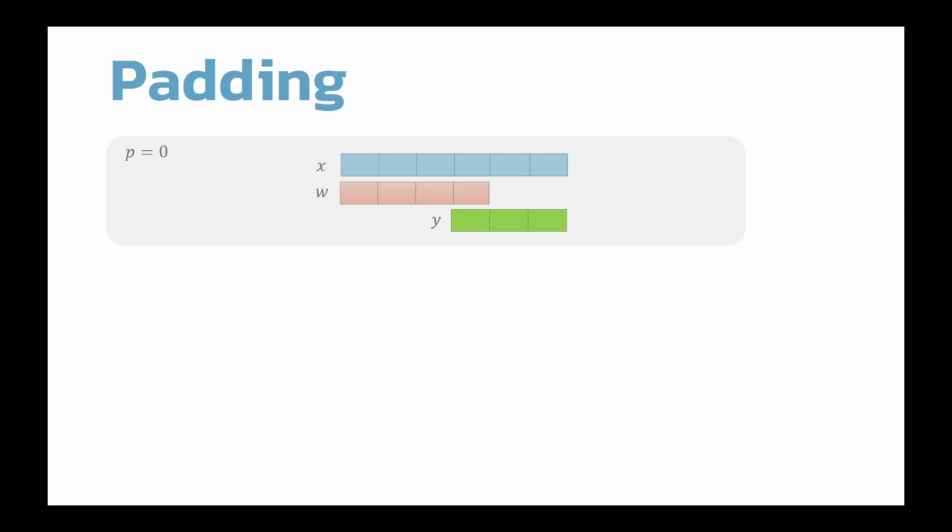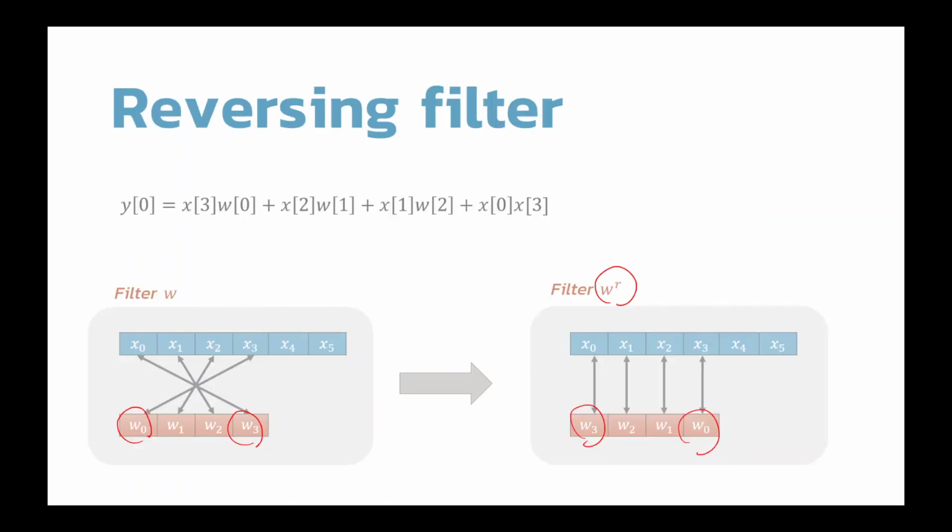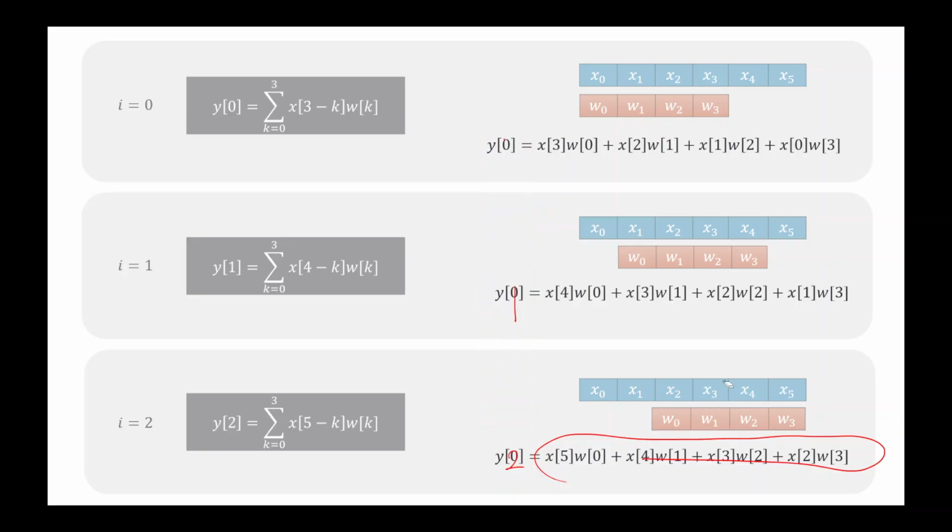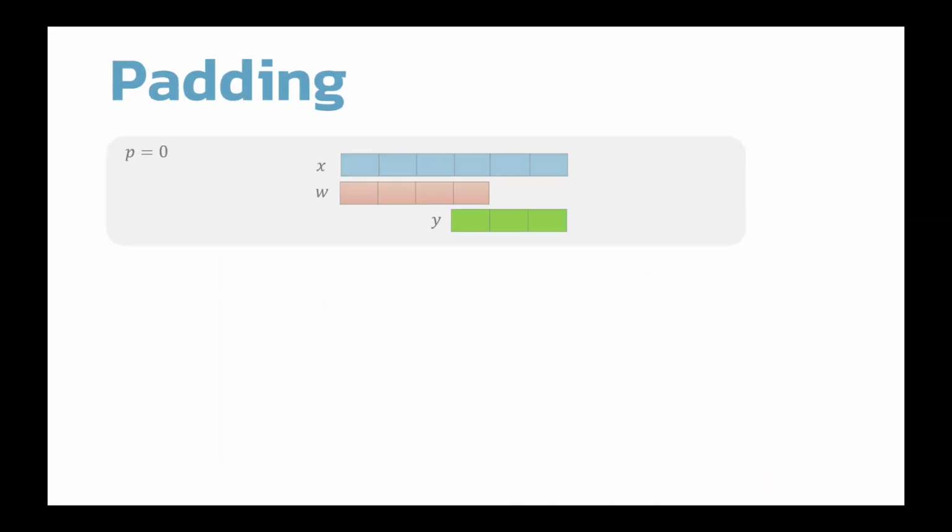Another thing that we can do is that, as you can recall, if you were to slide W along X, then your choice of Y, the number of elements in the Y vector, is going to be limited by the size of this, right? So we need more flexibility than that. So what we can do is a technique called padding. If we don't do padding at all, as you can see, if you want y at position 0, you're going to have to do the convolution with this too.